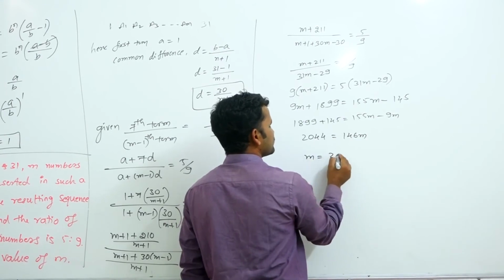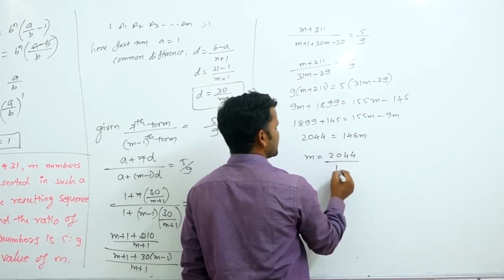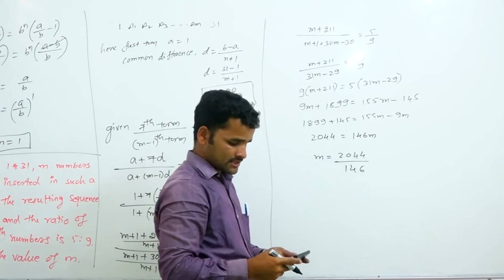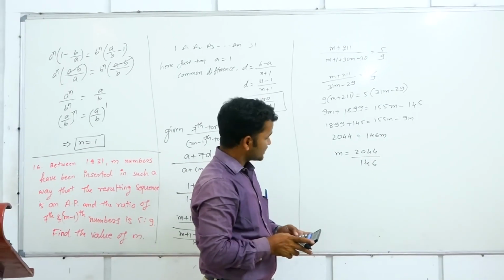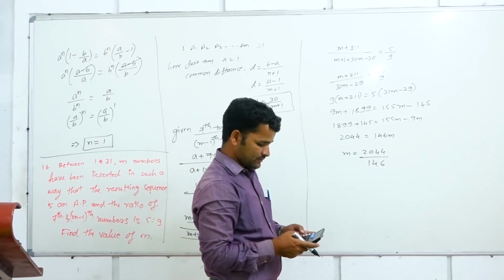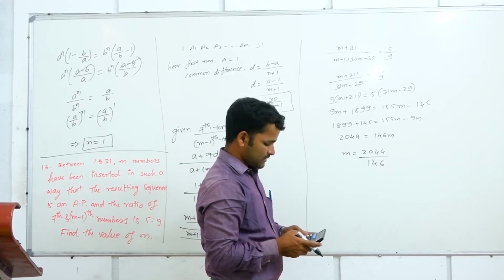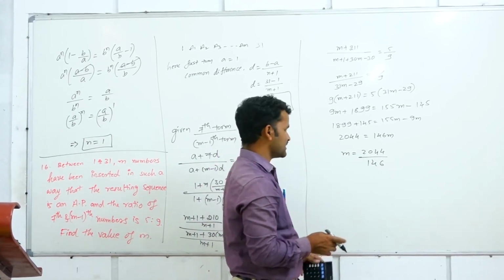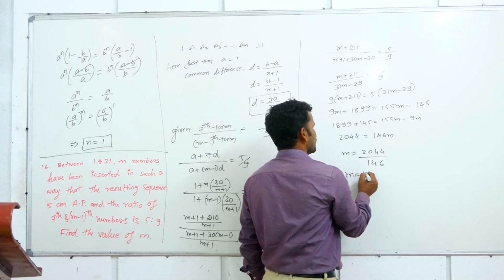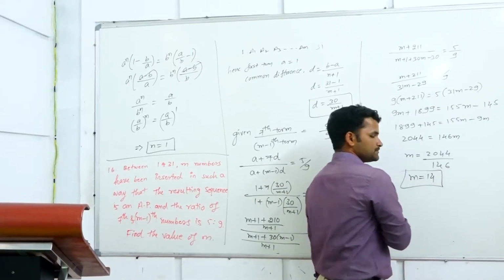Therefore, m is equal to 2044 divided by 146. The answer I am getting is 14. The value of m is 14.